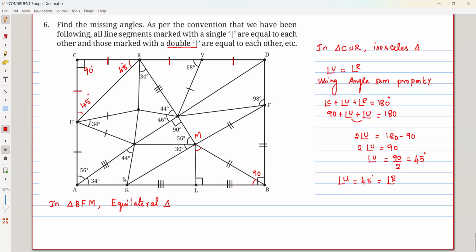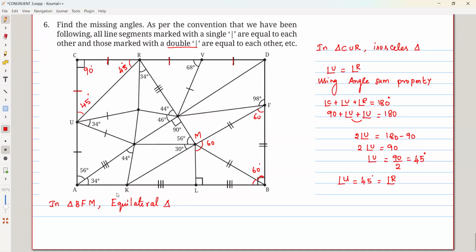So each angle must be 60. This should be 60, this should be 60, and this also should be 60. From here to here, this should be 60 degrees.